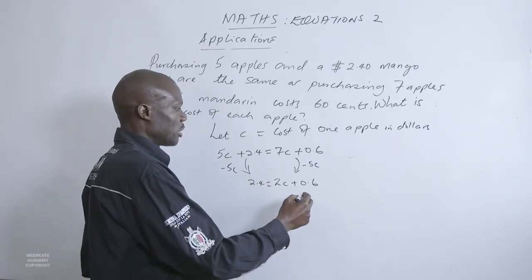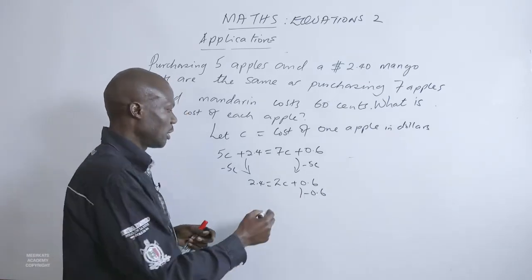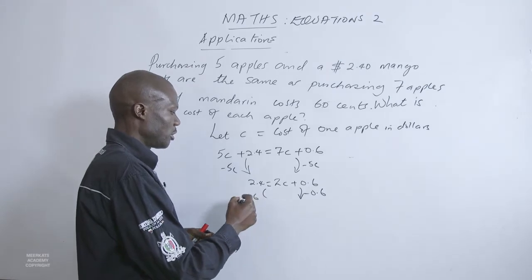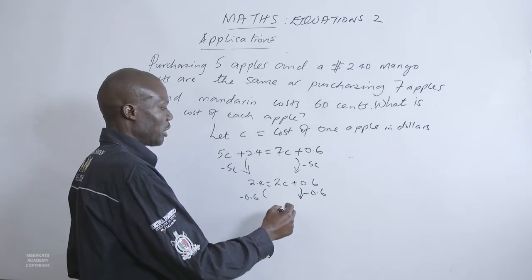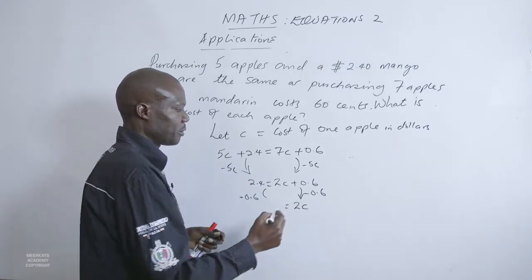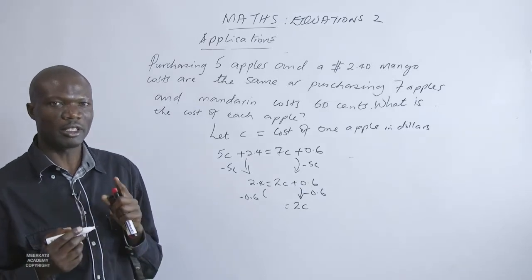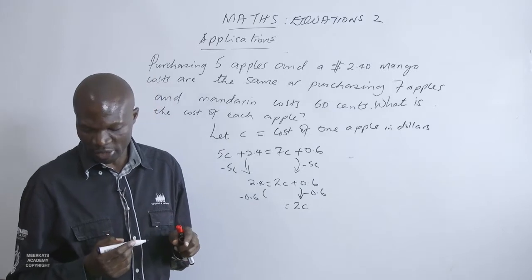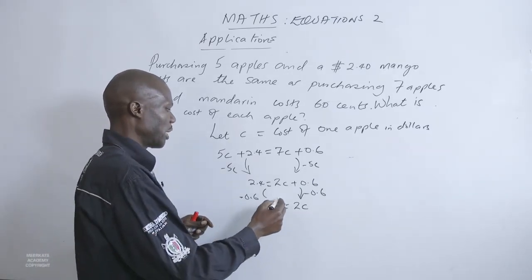Then we subtract 0.6 on the right, subtract 0.6 on the left. We shall remain on the right with 2C, that is 2C plus 0.6 minus 0.6, and on the left 2.4 minus 0.6, you remain with 1.8.